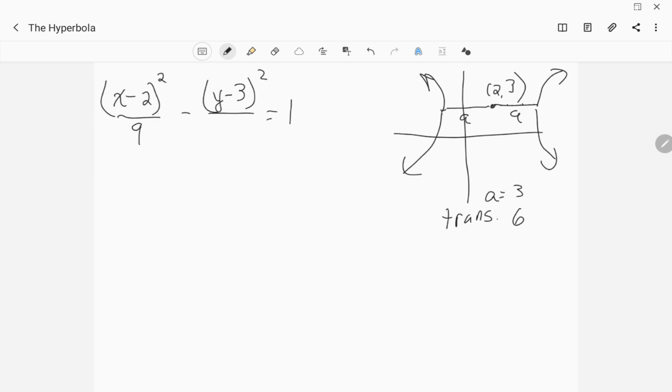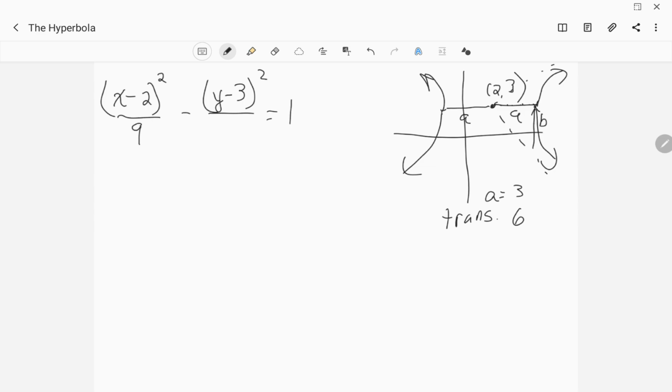B, the easiest way that I can describe to find your B is from this vertex, either go up until you get to the asymptote or go down until you get to the asymptote and count what that is.